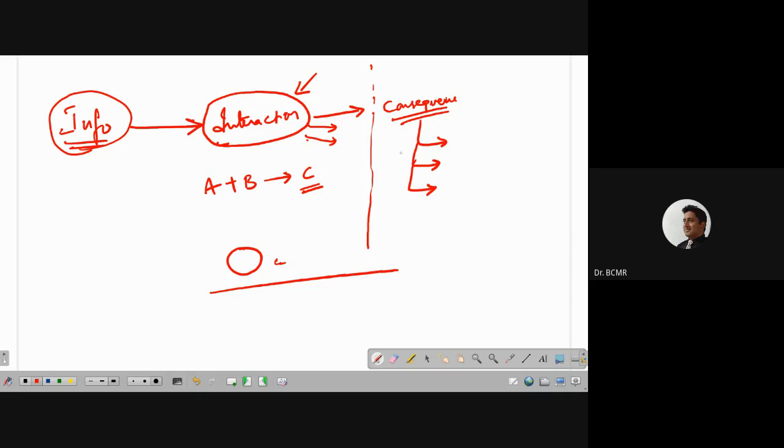Those interactions that produce favorable consequences will be selected, and the rest will be eliminated. So if there is a genetic information, a gene has newly formed, if it did not produce a protein that can interact with something, then eventually that will be eliminated.